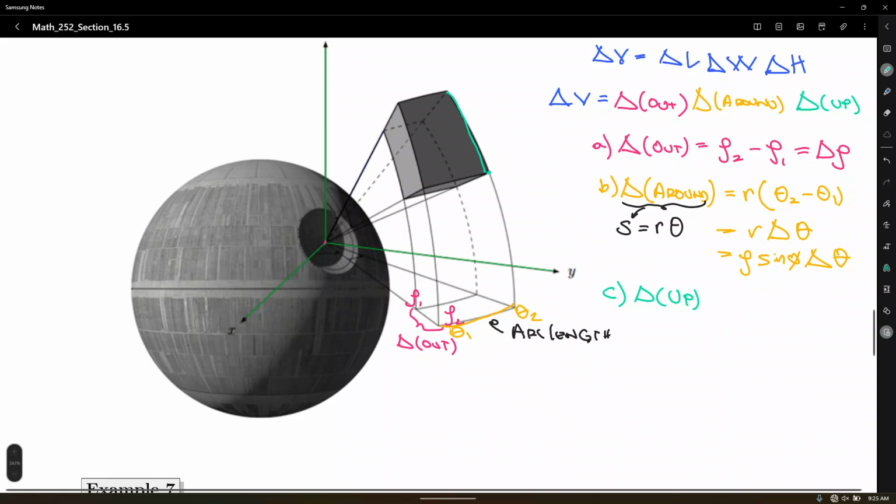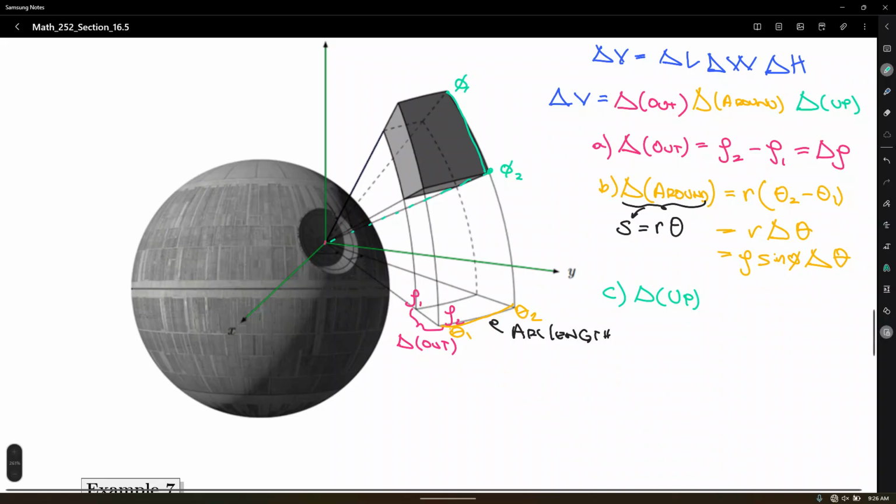Number one, again, let's describe these angles right here. This ray right here, let me call this phi 2 and phi 1. Because we're going up, technically we're going down as a drop down angle, so that should be 2 minus 1 or 1 minus 2. It doesn't matter. In the end, it's going to add up to a positive result anyway. But again, how do we describe this arc length?